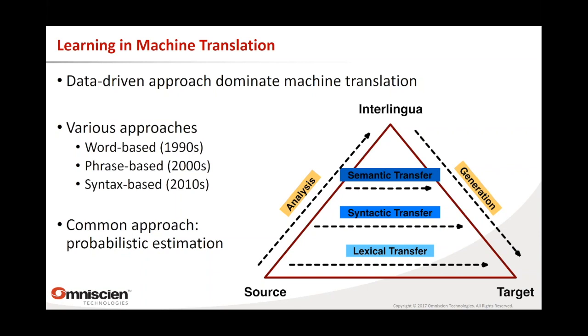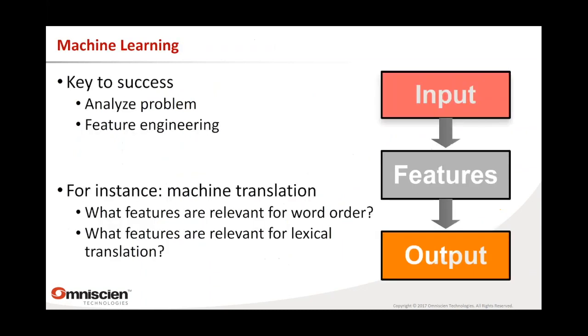What all of these have in common is that when you go over the training data, you try to estimate probability distributions. So for instance, if a word occurs 100 times and was translated 20 times in one way, that means that's a 20% probability. And that number is being used as a score in the model. Next slide.